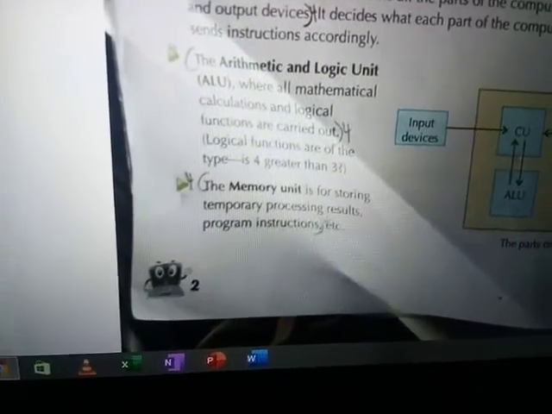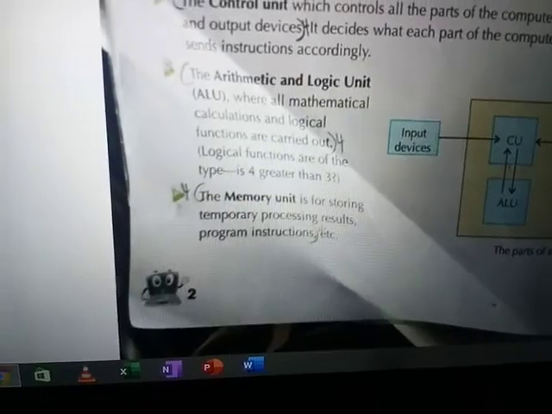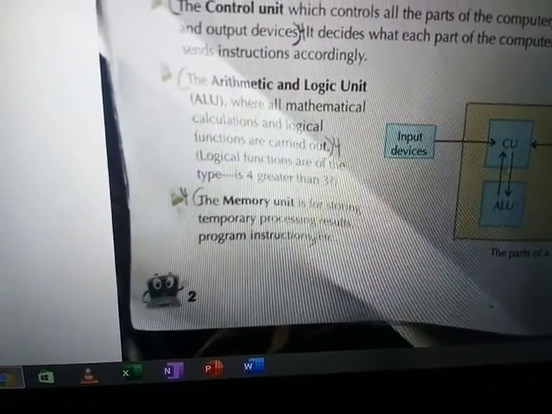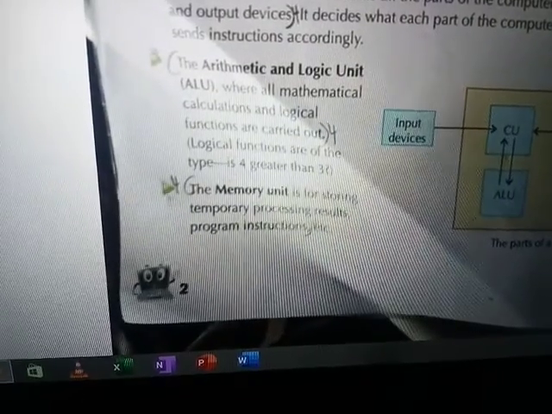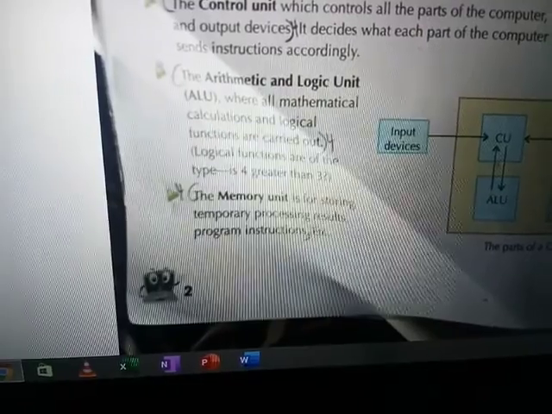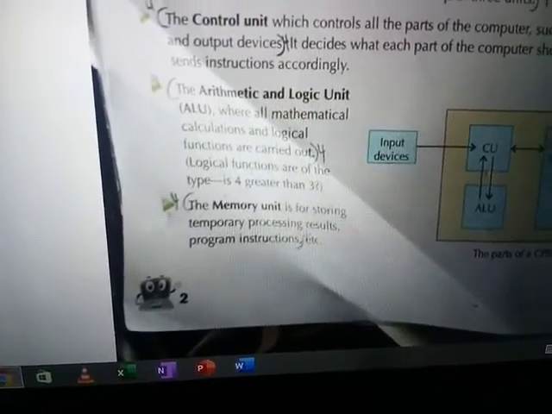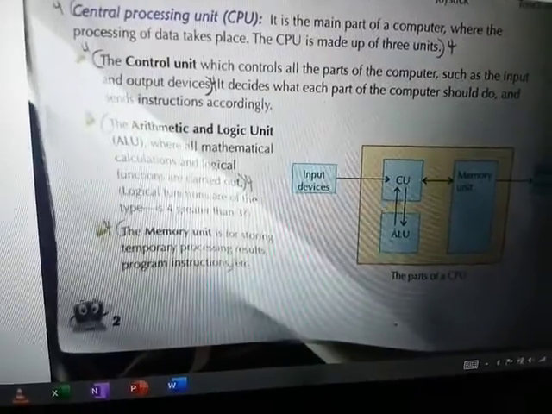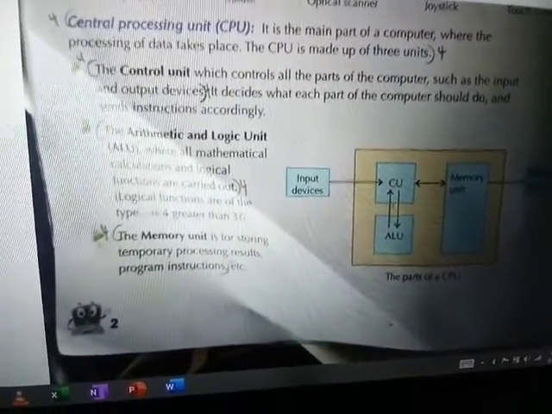So this is the work process of the arithmetic and logical unit. Then what comes? The memory unit. It is also a part of a CPU. What does a memory unit do? As we all know, it stores the data or instructions. It stores whatever data we give it. For example, in your computer, can you store a movie? Yeah, you can. Can you store audio? Yeah, you can.